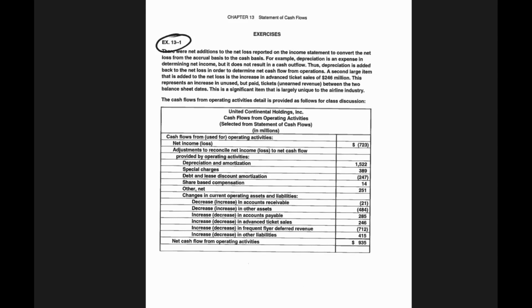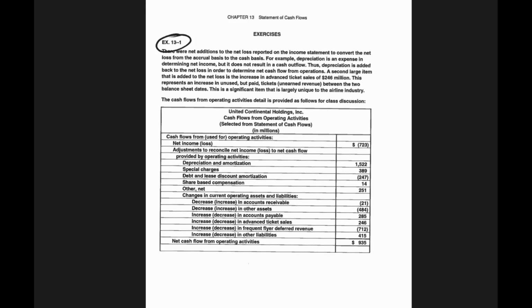So again, net income plus depreciation and amortization plus a loss minus a gain, and then all the changes in our current assets and current liabilities. So make sure you have that document handy. That is certainly something that we will refer back to again and again.